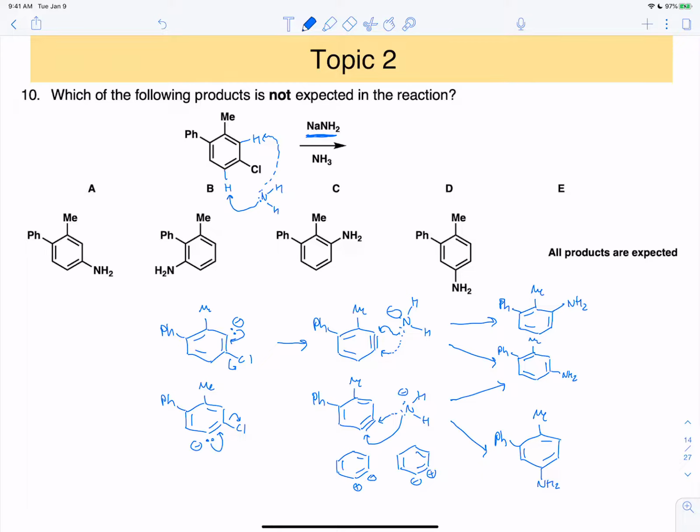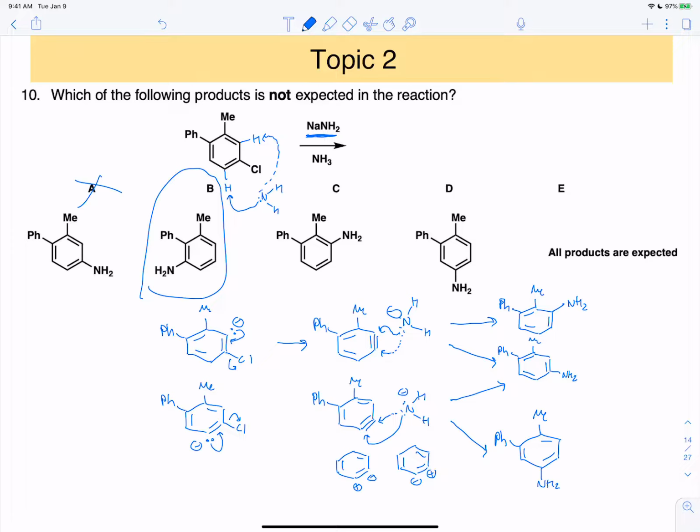So we could see that A, we are making. We never are able to ever make B though. B is inaccessible. And we'll talk about maybe in a bigger picture why that is pretty soon.